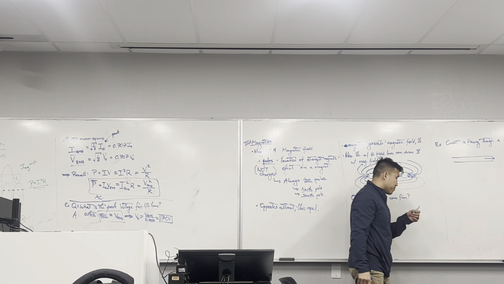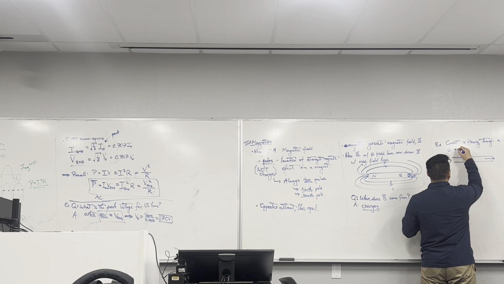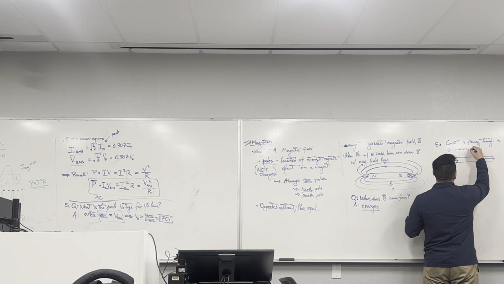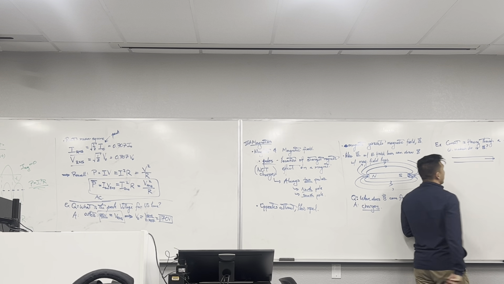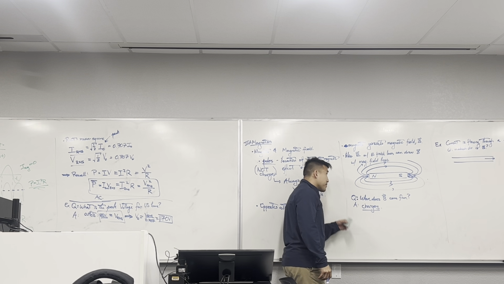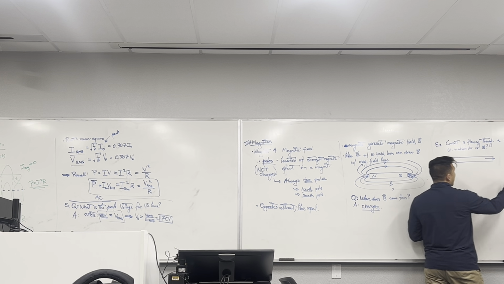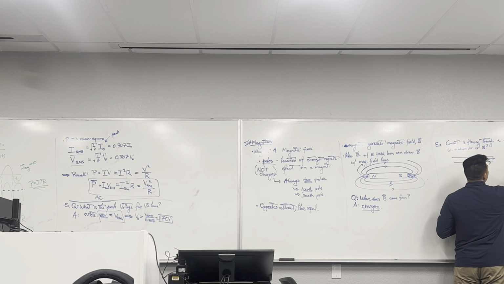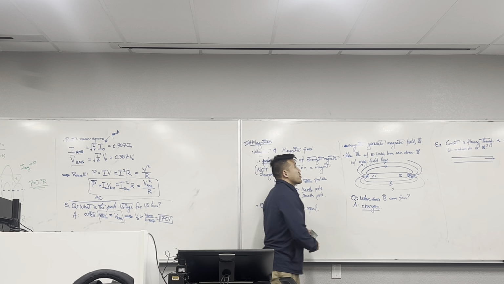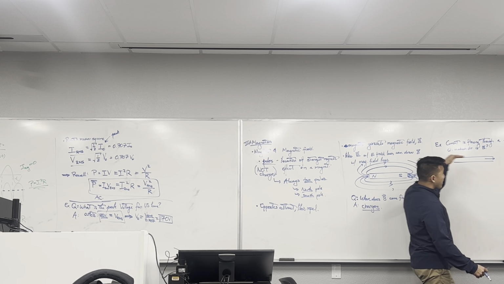The question is, in which direction is the magnetic field? And let's make this multiple choice. Is it left, right, up, or down? Let's see a show of hands. So the current is going to the right, that way.